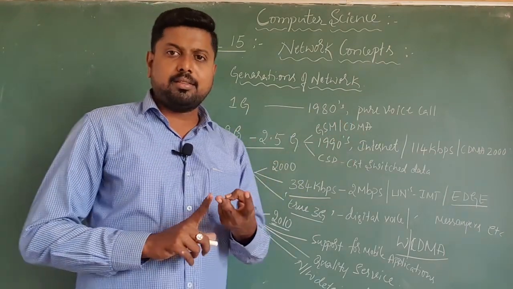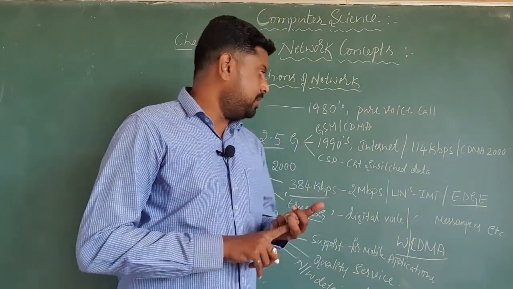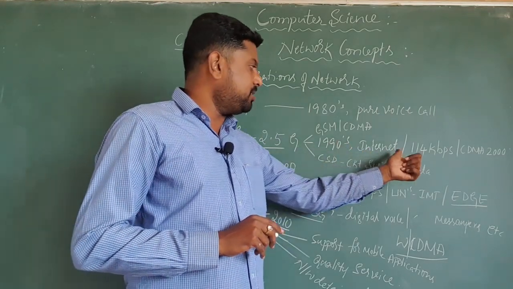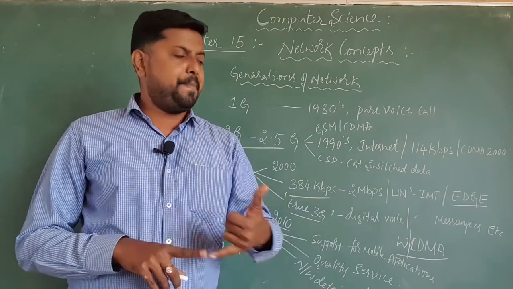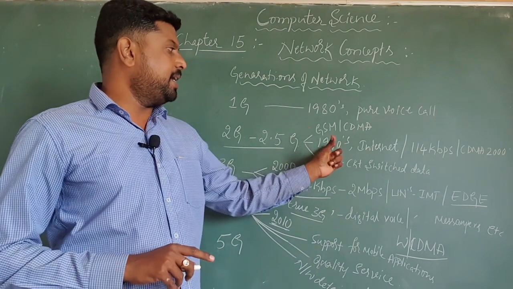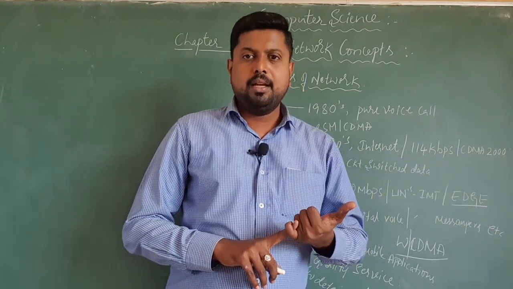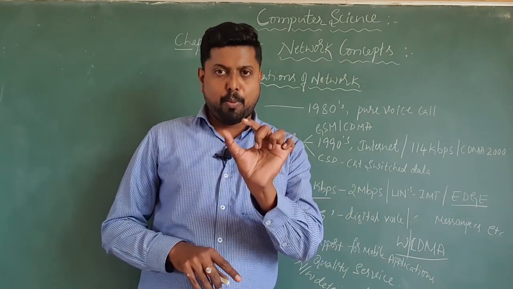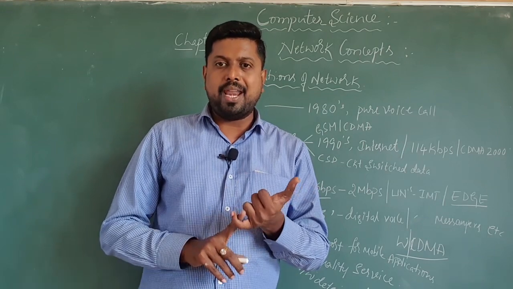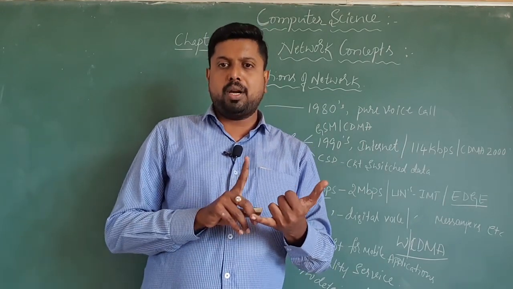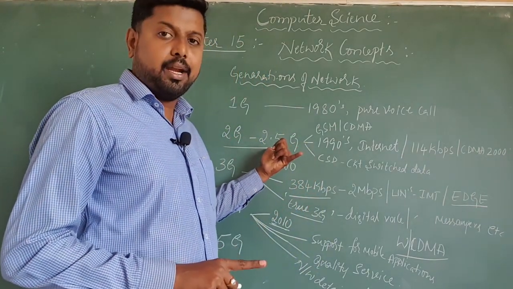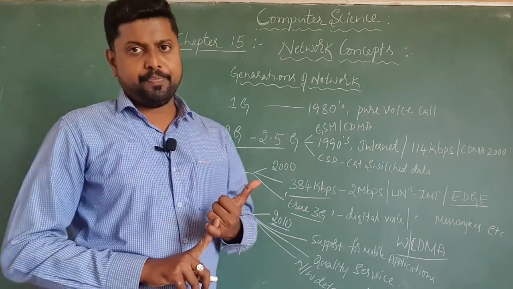Through these technologies, we get the internet on our mobile with speed limitations from 56 kbps to 114 kbps, dear students. Usually in the 1990s, CDMA 2000 1X is the technology mobile phones used to get the internet. Remember once again, CDMA 2000 1X is a type of network technology used in the 1990s for the second or 2.5 generation of the network.